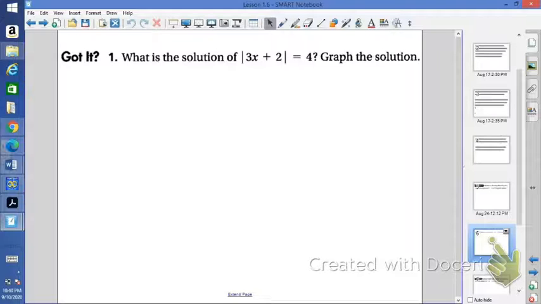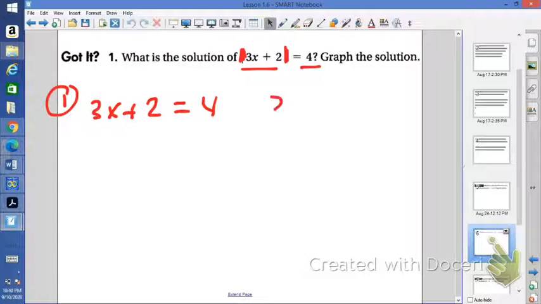Same thing, follow your steps. First step, isolate the absolute value. It is. Go to the second step: drop the absolute value bars and write two equations. The first equation is what you see here: 3x plus 2 equals 4. The second equation is what you see on the left-hand side, but the right-hand side gets multiplied by -1.